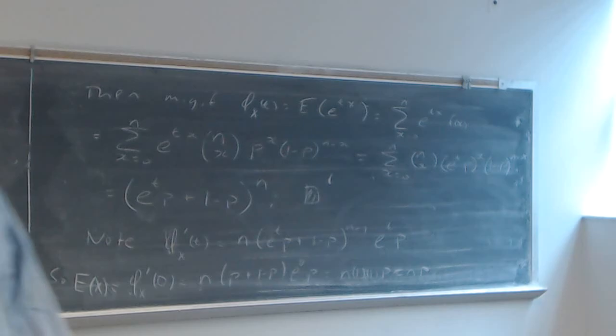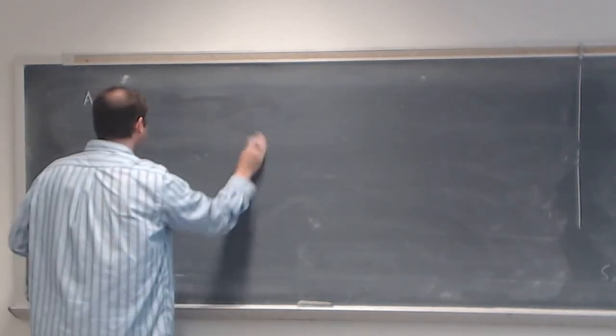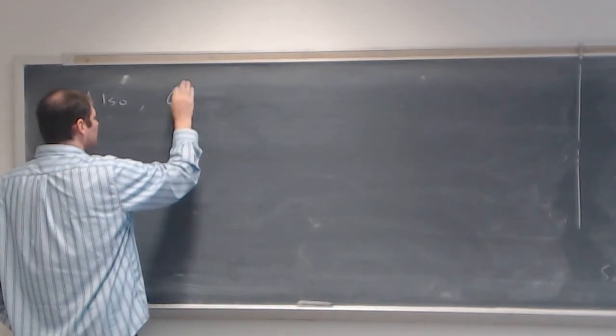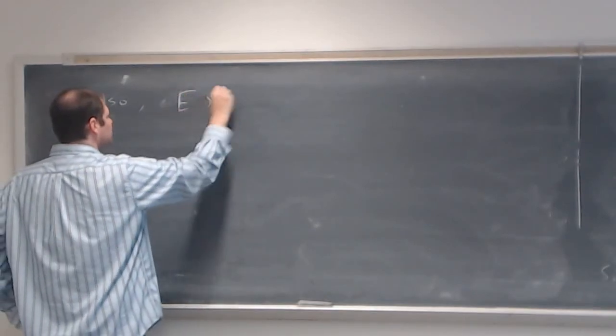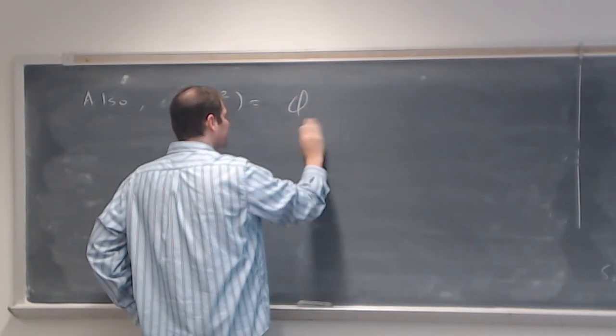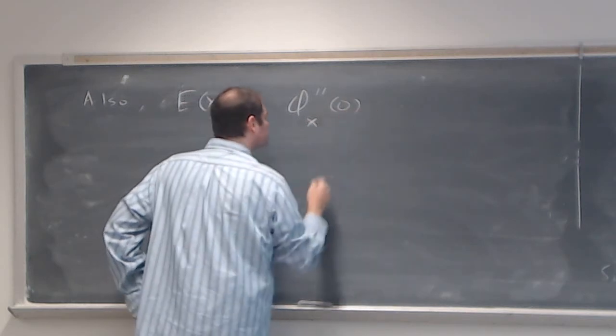Okay, let's talk about the variance. So also, the expected value of x squared is equal to phi sub x double prime evaluated at 0.